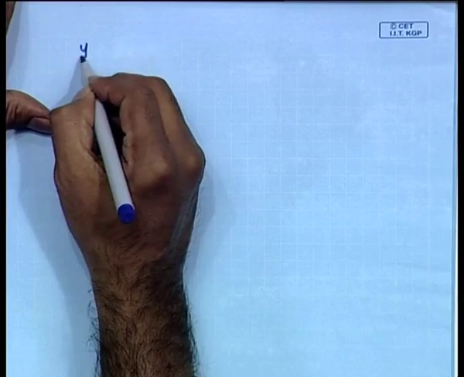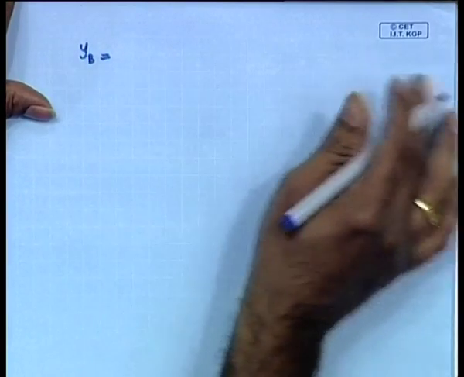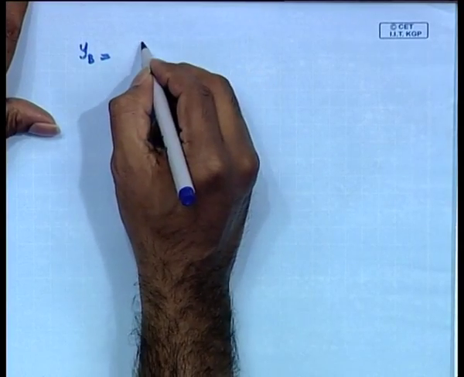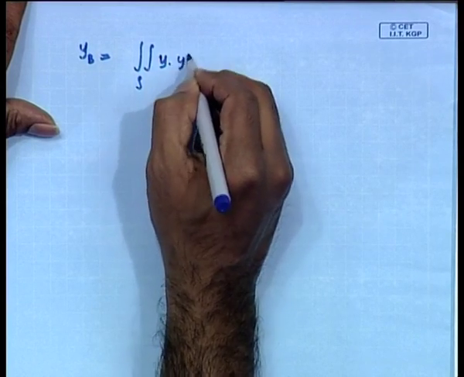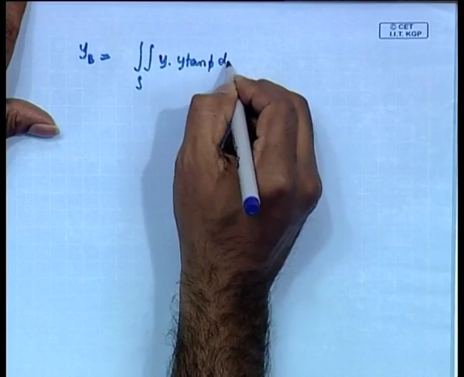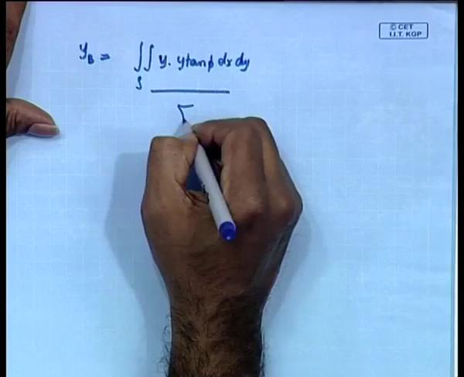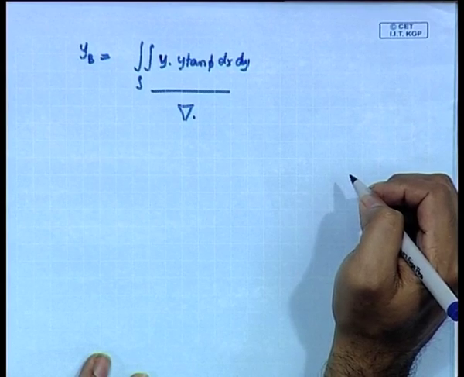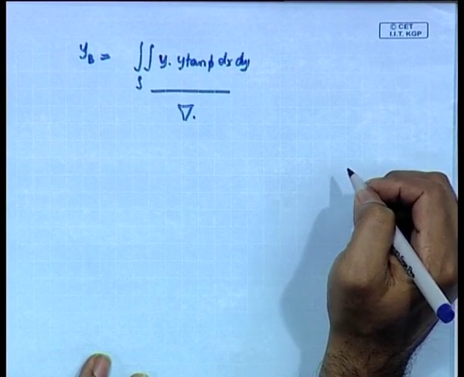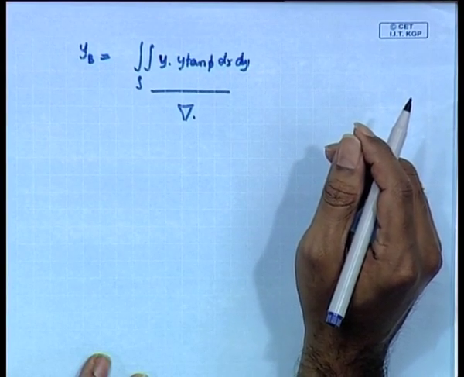Then the expression for y b, the transverse moment, is equal to the double integral over s of y into y tan phi dx dy divided by del. So, this gives you the shift in the centroid of the body in the transverse direction because of the heeling. That shift is given by y into y tan phi.